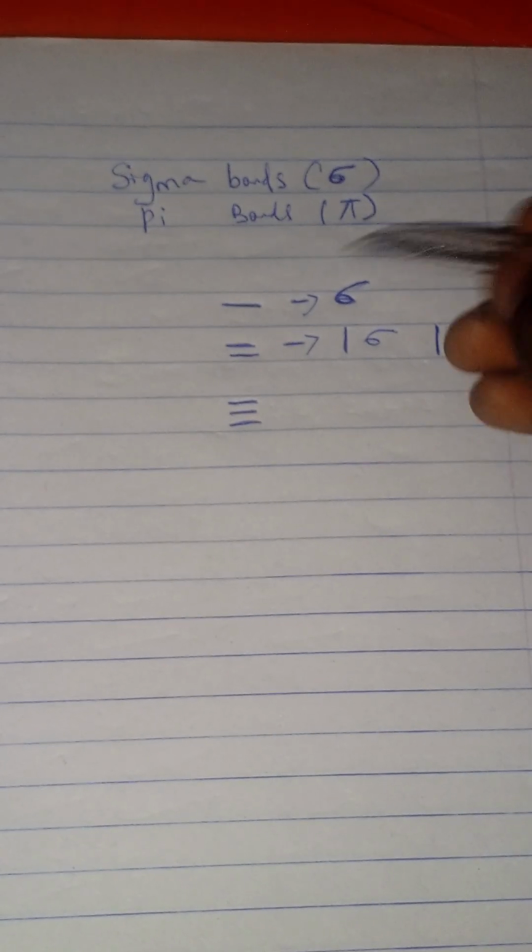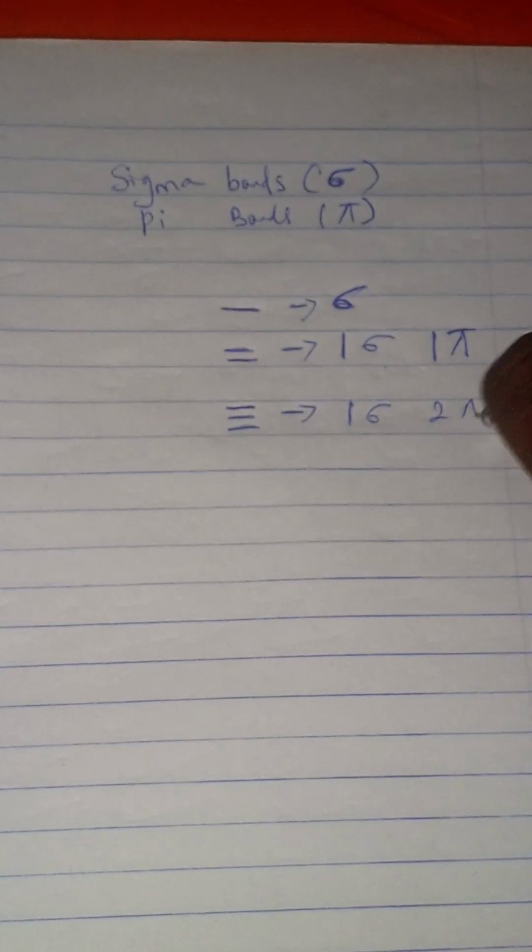So every double bond you see contains one sigma bond and one pi bond. And every triple bond contains one sigma and two pi. Let me go over it again. Every single bond contains only a sigma bond. Double bond contains one sigma, one pi. Triple bond, one sigma and two pi, right?